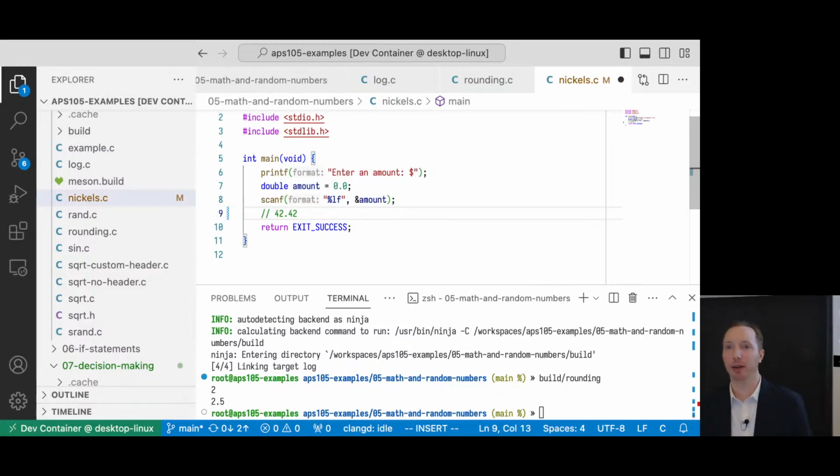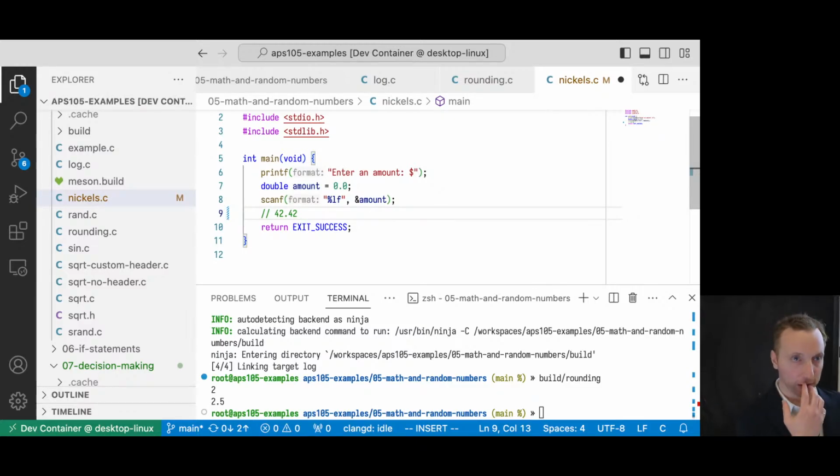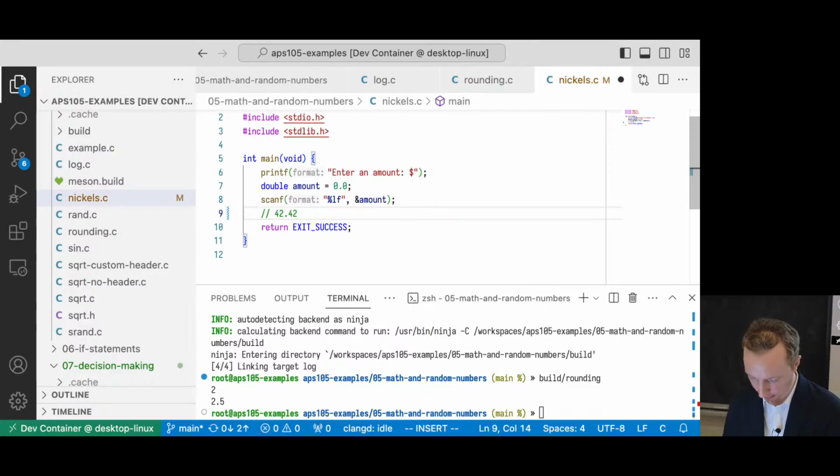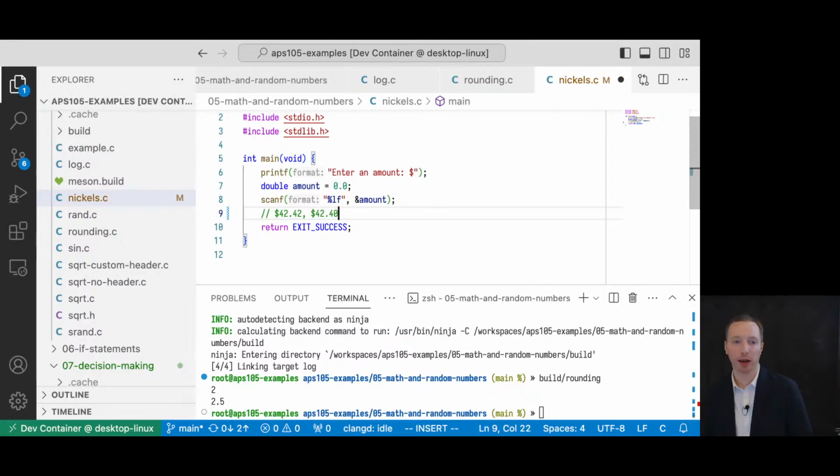If I'm rounding to the nearest nickel, what should the result be? In this case, if it's $42.42, then my output should be $42.40, right? So that would be the nearest nickel.